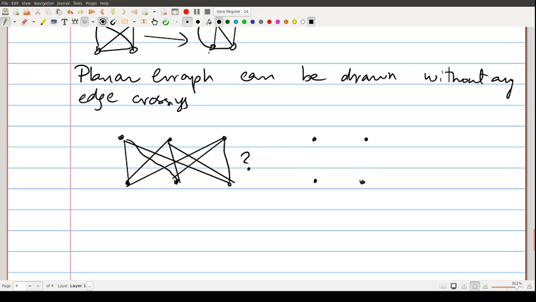If you remember a cube, something like this, can I draw this without any path crossing? At this point, you can see that this is going to cross with this, and this other one is going to cross with this. Can I redraw this without any crossing? Is this a planar graph? And so that's another question that you can ask about graphs.